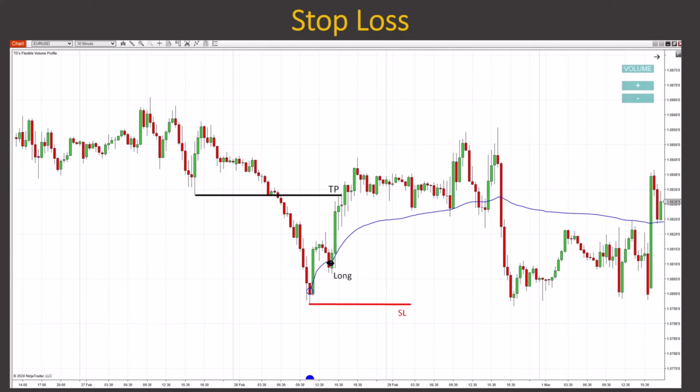So if you enter here, then the closest swing point is this one. Behind that, you place the stop loss. Actually, I do place it exactly at that low. Not a pip below it, no, 2 pips below it, no, exactly there.